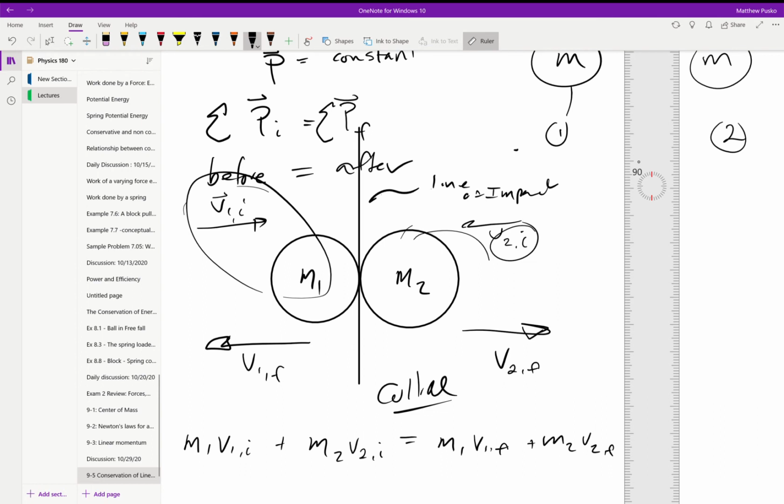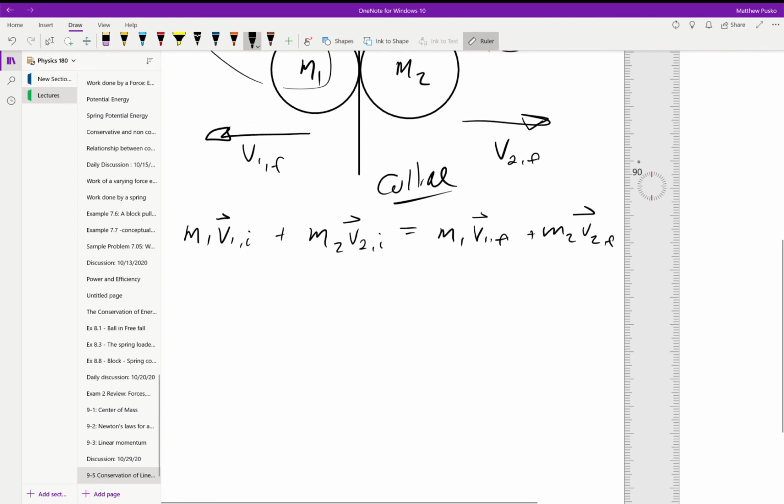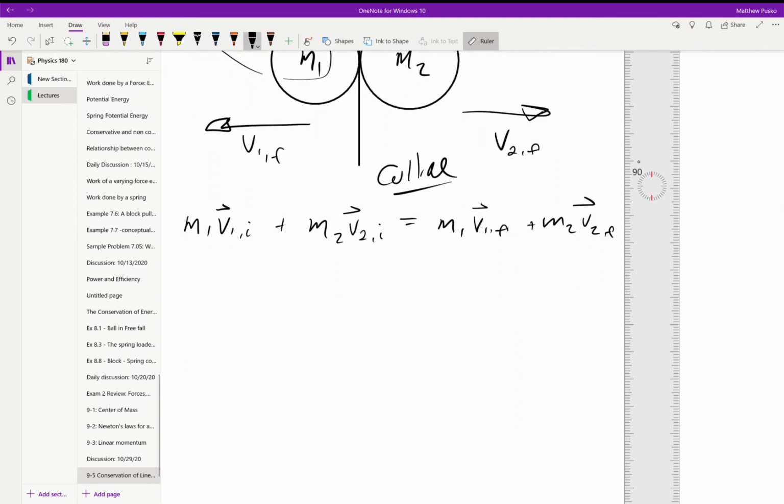And this was in one direction, but we can extend this to vectors, meaning that we would do M1 V1 initial in the x direction, M2 V2 initial in the x, and so on, and also for the y direction. So momentum is a vector, unlike energy, which we weren't able to break up, right?